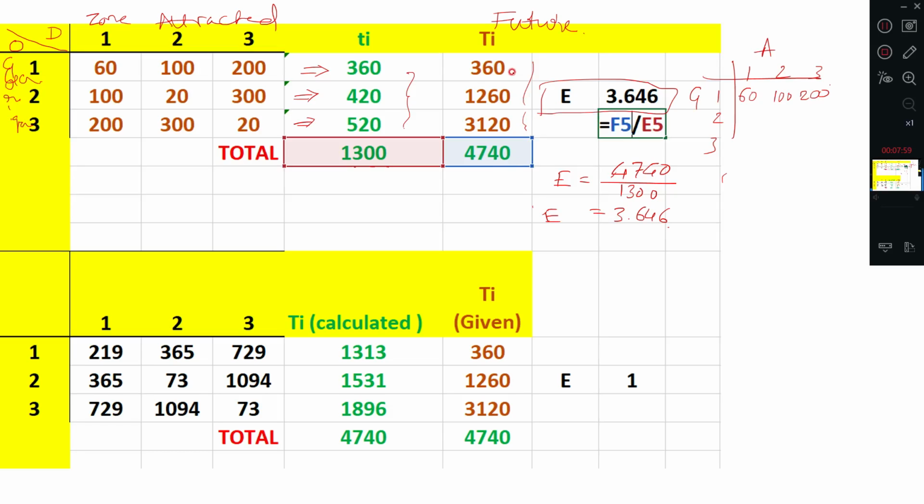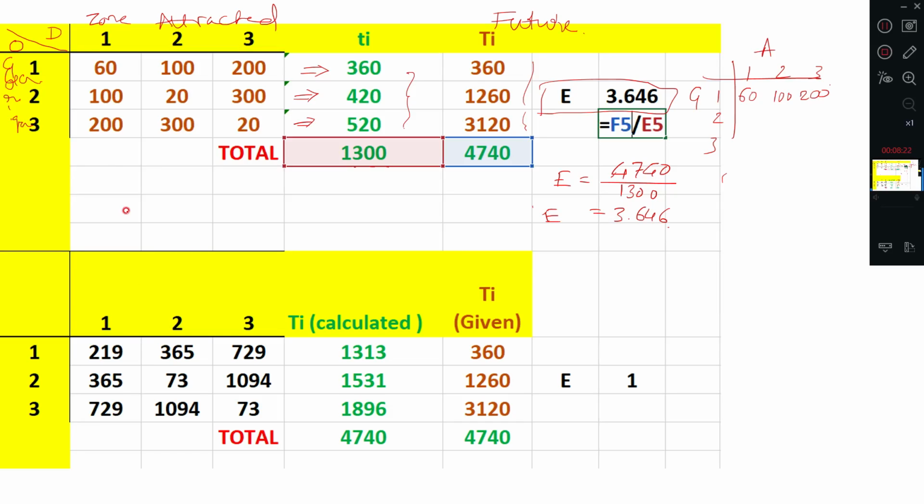This he has given in the question, this we have calculated from the matrix. The total number of trips attracted in the future divided by the total number of trips in the present gives us the growth factor. That growth factor we need to multiply here.